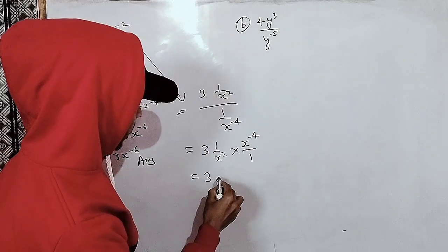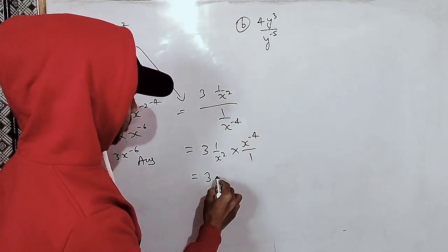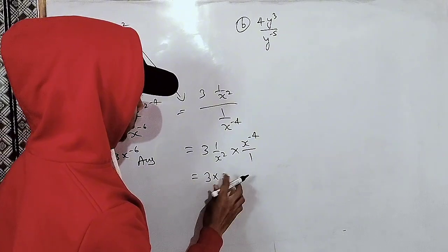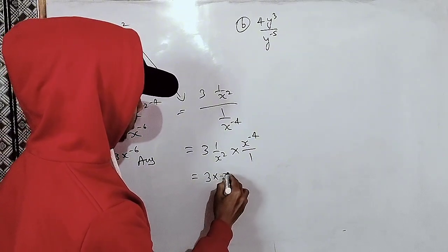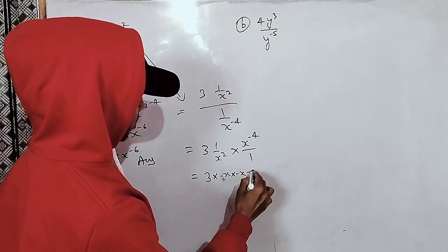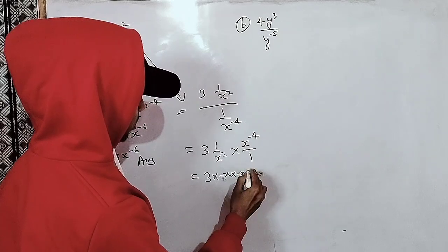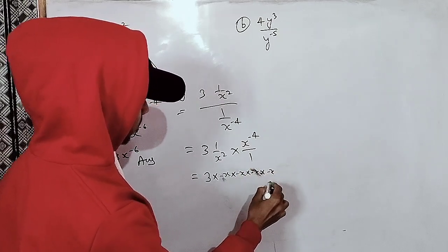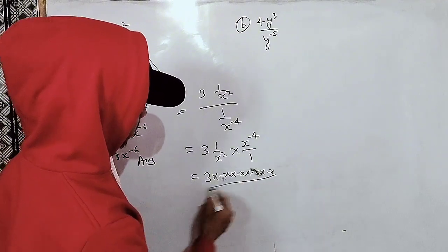Now we can solve like that. X is how many times? 4 times, isn't it?